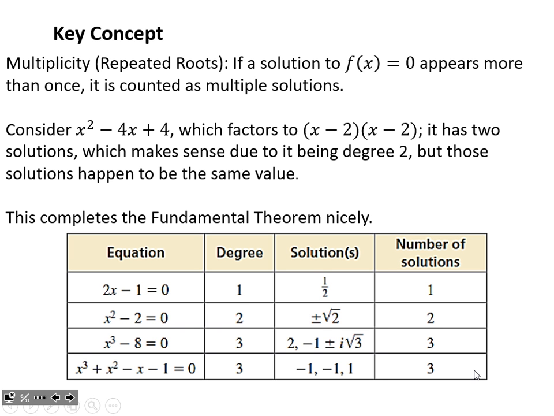That was also a third degree polynomial, but notice the solutions. There was -1, -1 again, and then +1. So even though we had that solution x equals -1, we count it twice because it must have shown up twice in the solving there. It counts 2 times. So we still get 3 solutions for a third degree polynomial. It really brings some closure to that pattern and allows us to use it every time.